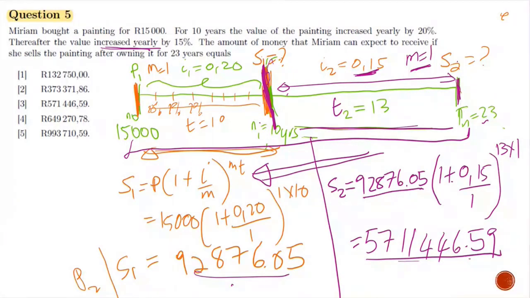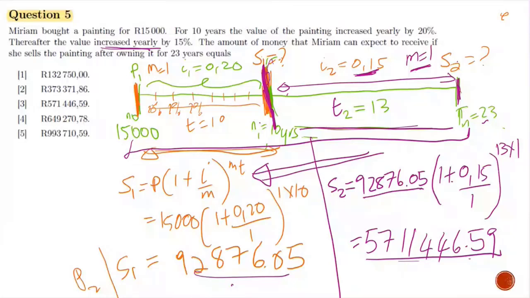And I think the answer is there, because remember, with multiple choice, you always find your incorrect answer in the answers. Let's see. 571,1446.59.